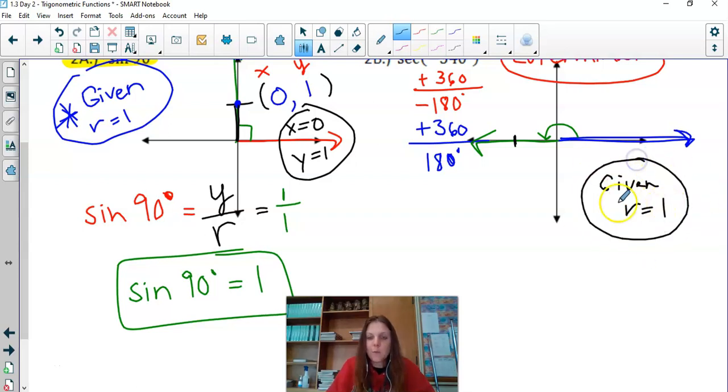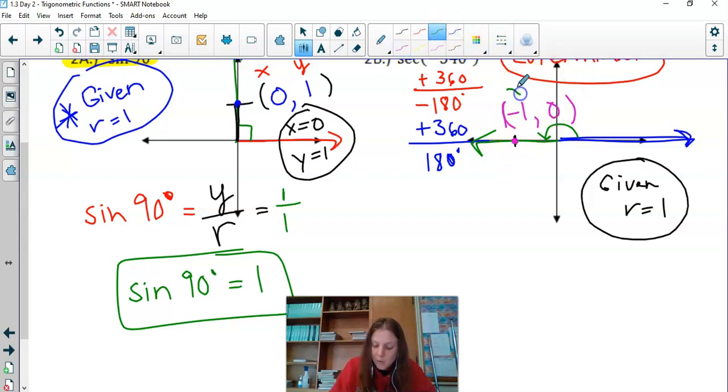Even with that information, I don't have any way to drop the perpendicular or anything like that. But I can name this point that's 1 unit out. Here's how. I'm going 1 unit to the left, 1 unit to the left, that's -1. And I'm not moving up or down, so that's 0.